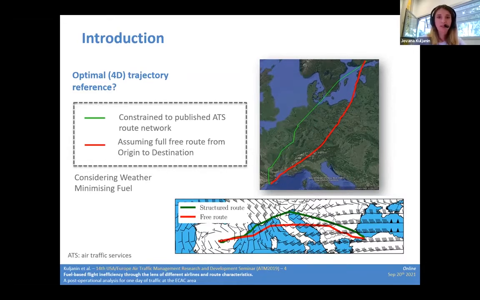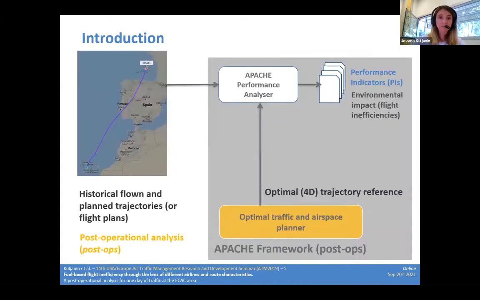So as you can see, these two figures on the right-hand side depict two optimal trajectories. The red one optimizes the fuel consumption in the free route airspace, while the second one is the optimal trajectory in the ATS network route. However, both trajectories contain the information about weather, and both of them are minimizing the fuel consumption.